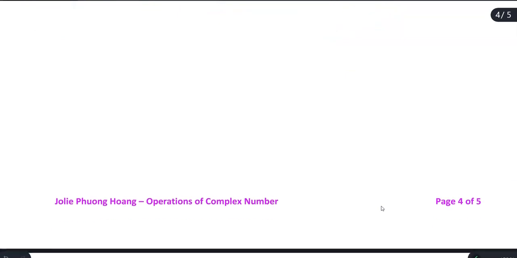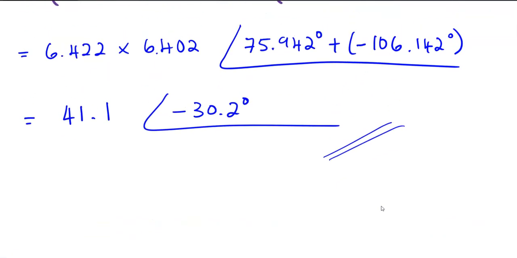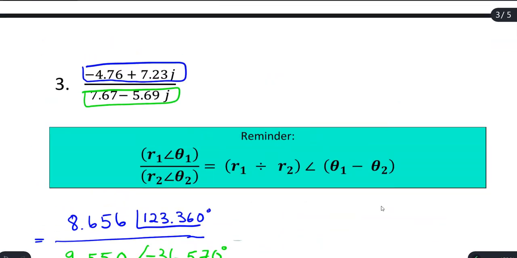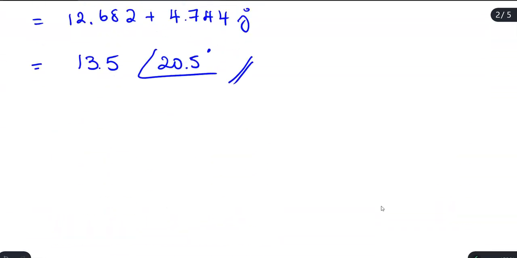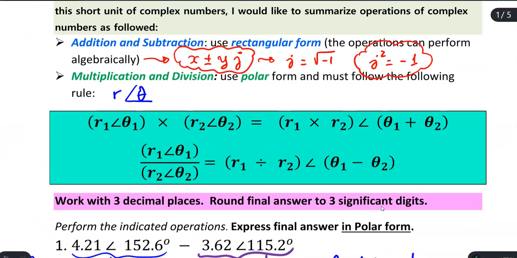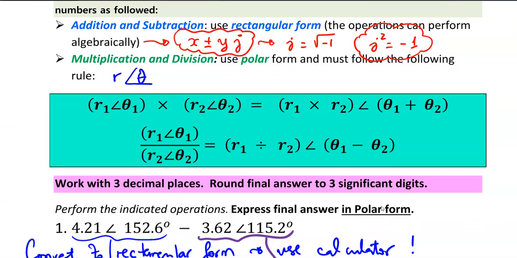So in conclusion, for this particular video lesson, what I would like everyone to remember is to understand complex numbers in both rectangular and polar form. And then the 4 basic operations of complex numbers fall into either rectangular form or polar form.